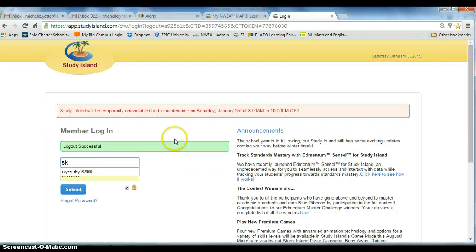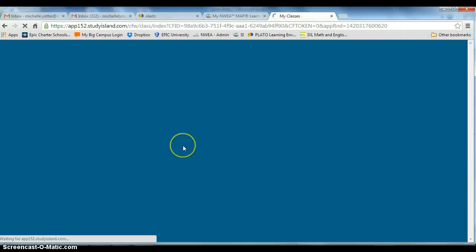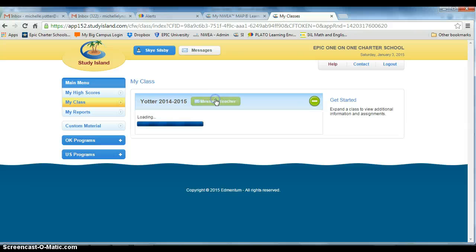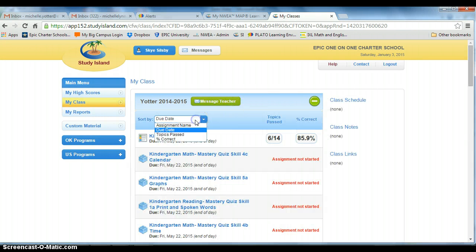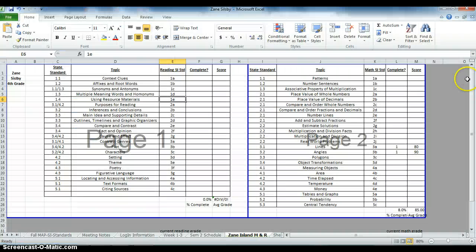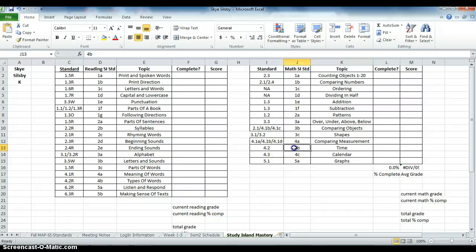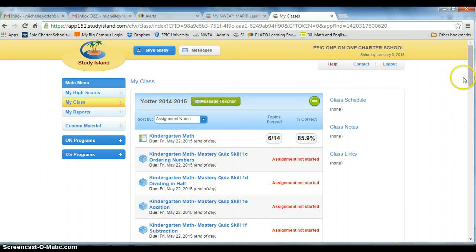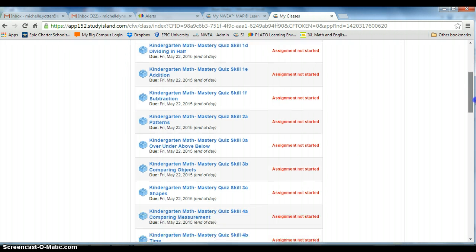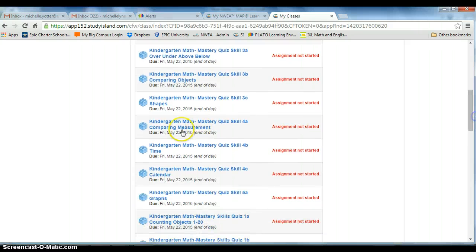So I'm going to log in as Skye. And that's her login, same as all the rest of them. And we'll go Yoder 2014, 2015. Remember, sort by assignment name makes it less crazy. K and G. Want to do time, which is 4B. So we're going to go, here it is, kindergarten math time.